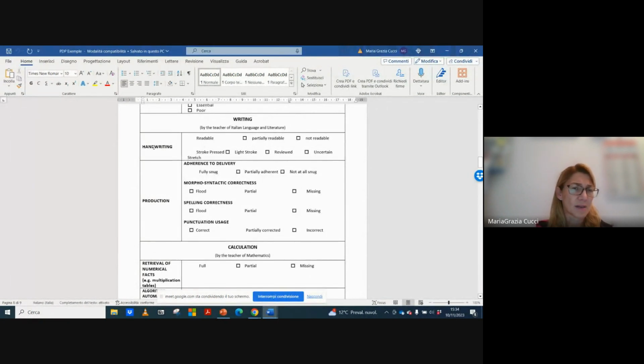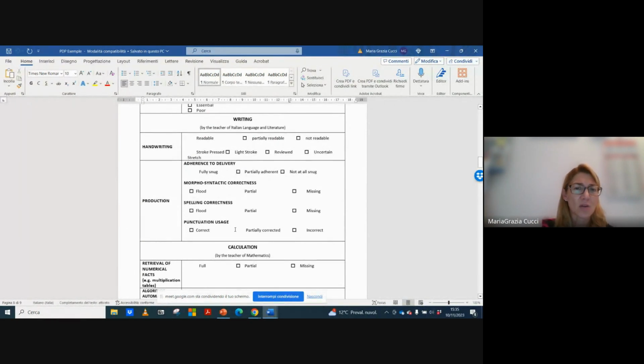You can observe handwriting and production in different ways. For handwriting, you see simply how the student writes, how the stroke is. You can read the sign, whether the stroke is very light or uncertain. You can check and define one or more of these situations.